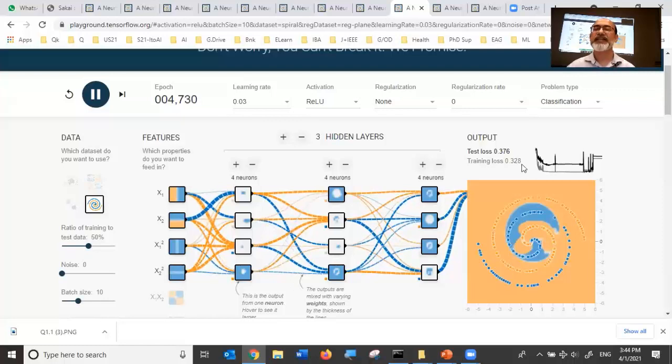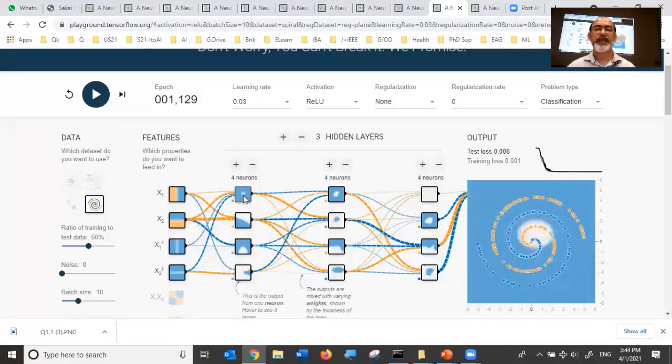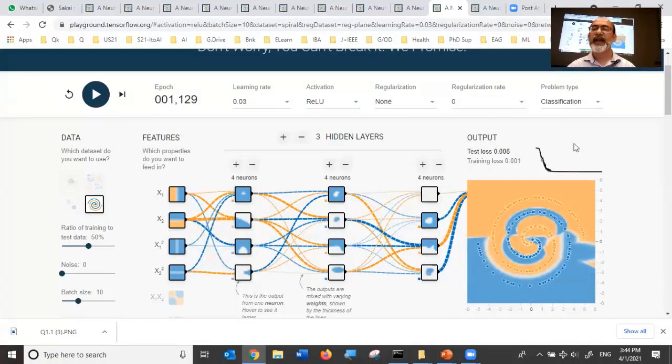It's got 32% losses. Let's look at another case. This is a case which I stopped earlier, and you can see that the loss has incredibly gone down to 0.001 for training, and for test it's 0.008. So this is probably as good as you can get.